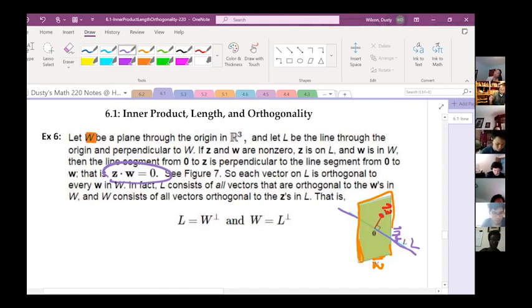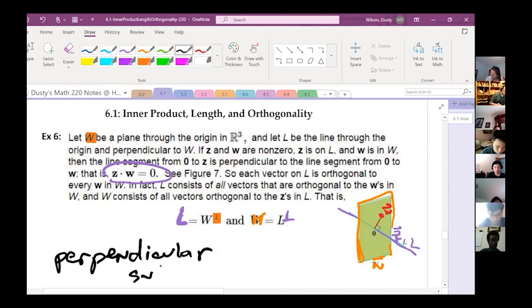And so what this gives us is that L, the purple L, is perpendicular to W, and W, the space, is perpendicular to our L. So these are perpendicular subspaces.